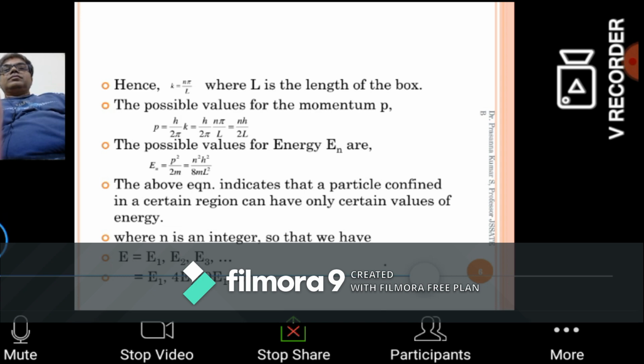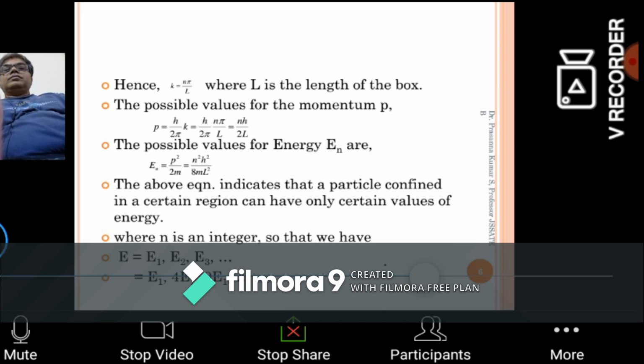You don't see like that. So the energies are discrete, they are fixed. It is either 4 times E1, or 9 times E1, or 16 times E1, and so on. So energy is fixed. This is called the quantization of energy. Electron can have energy only E1, or 4 E1, or 9 E1, and so on.